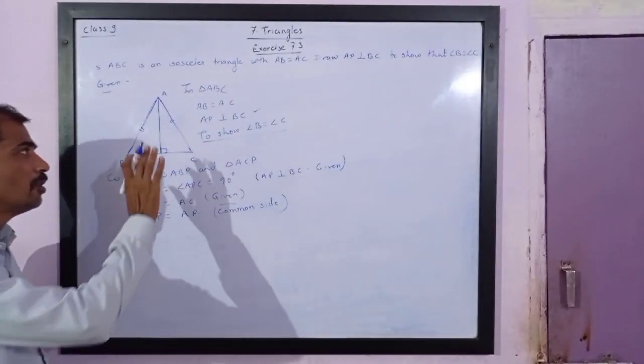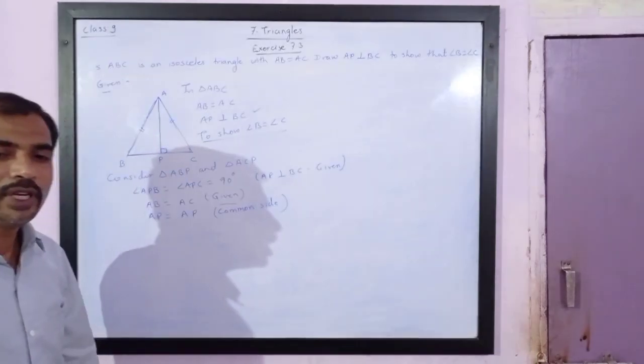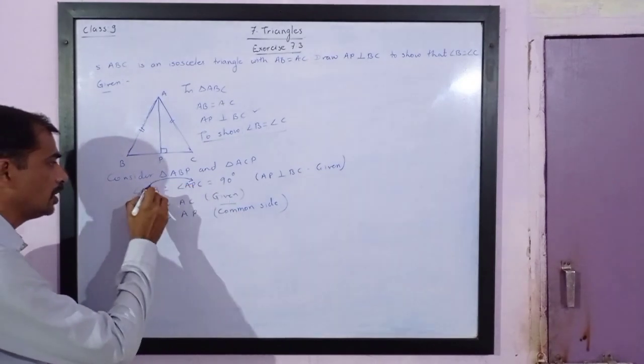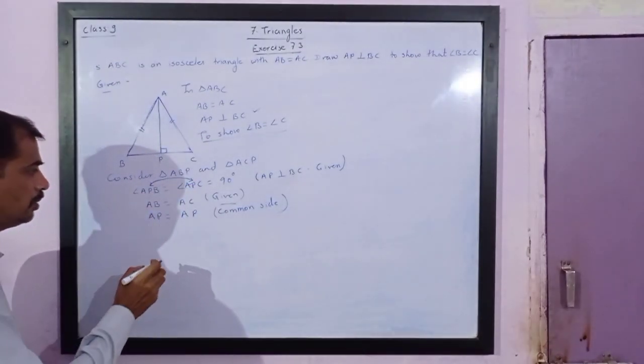Before writing the congruency of the triangles, we need one-to-one correspondence. Here P corresponds to P. Watch carefully.